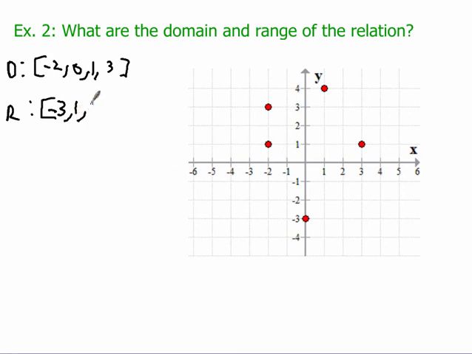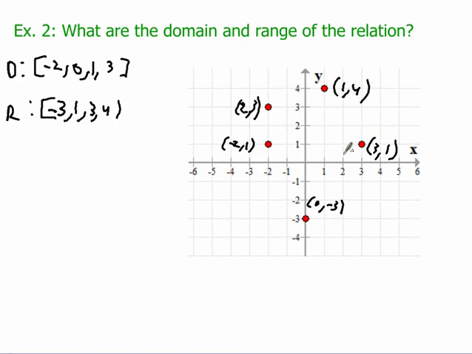Up here I have a Y value of 3, and up here I have a Y value of 4, because I've got the points negative 2, 1, negative 2, 3, 0, negative 3, 3, 1, and 0, 4. So you notice I just took all of my X values from these ordered pairs and put those in the domain, and all of the Y values from these ordered pairs and put them in the range. And that's all there is to it.